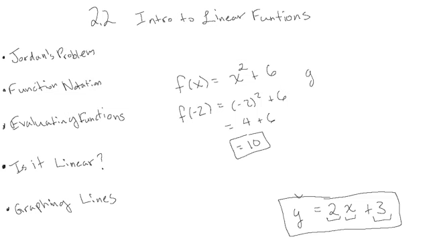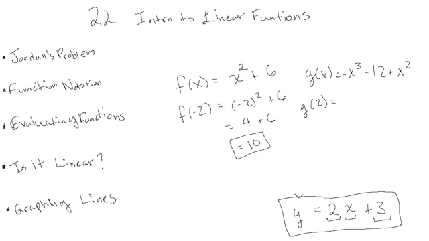Let's say I had g of x equals negative x cubed minus 12 plus x squared. And now you're like, oh my goodness, but don't worry about it. It's still the same thing. Let's say I said, what is g of 2? Well, once again, everywhere there was an x, I now replace with 2. Does that make sense?